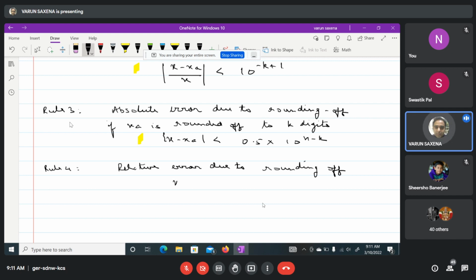Relative error due to rounding off, x minus xa divided by x, is going to be less than 0.5 into 10 to the power of minus k plus 1. So this is the fourth result. And you must remember these ones.